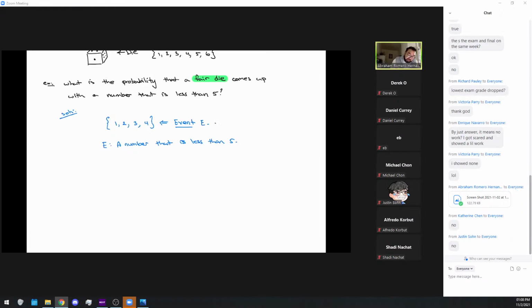But what really is an event is pretty much a subset. An event is a subset of the sample space.